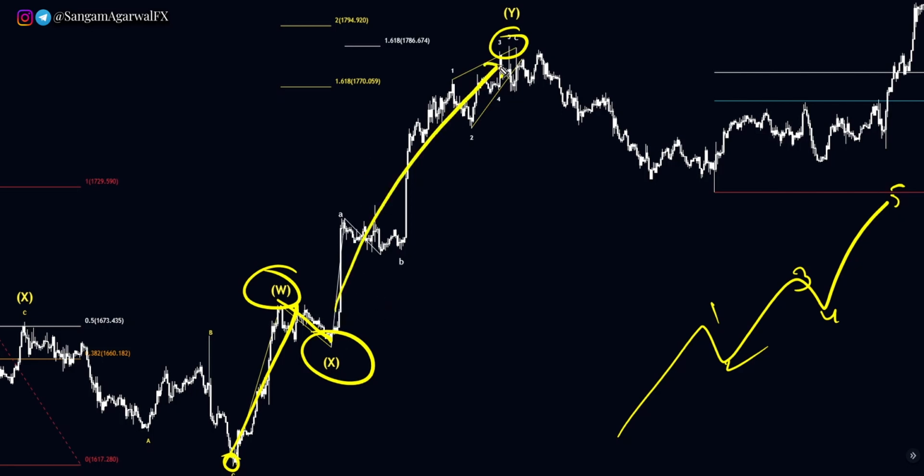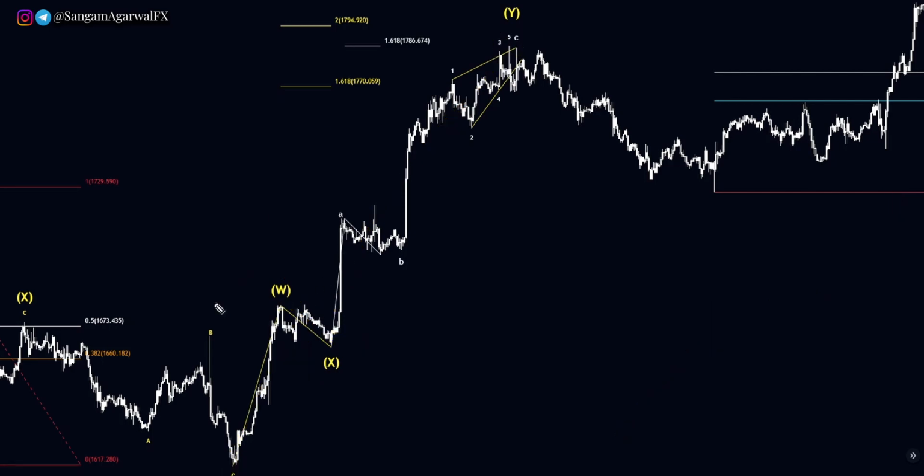Here wave Y is extended into a lower degree ABC wave. You can use the same alphabet ABC instead of WXY, but I have used WXY so that you are not confused with the same numbering. So wave Y subwaves are A, B, then C.